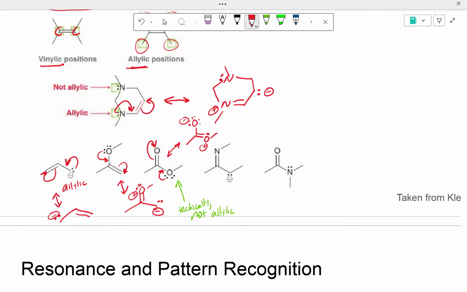And we'll do that with the next one, with the nitrogen here. Take this lone pair, move it to form a pi bond, move these electrons up to that nitrogen, and there should be a lone pair on that nitrogen. You just want to draw that in.